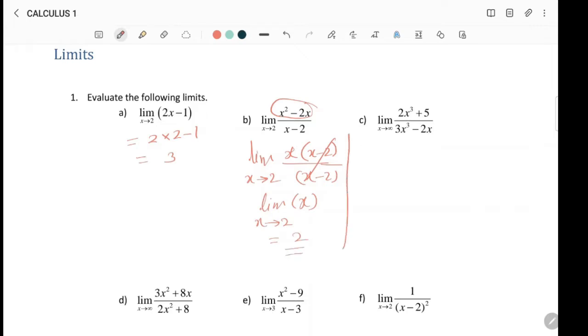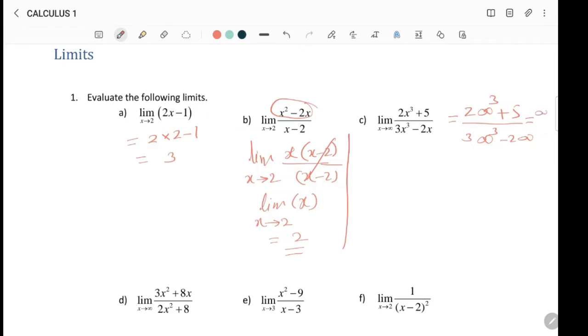Now in this, let's first put infinity. So 2 times infinity cubed plus 5 over 3 times infinity cubed minus 2 times infinity. So guys, 2 times infinity cubed. Infinity is such a large number that if you cube it or multiply or add, nothing will happen.